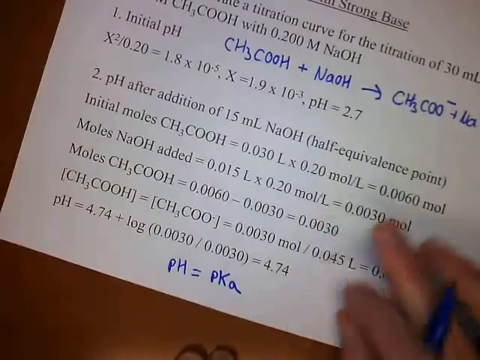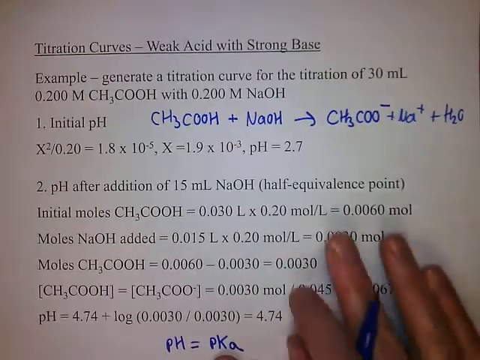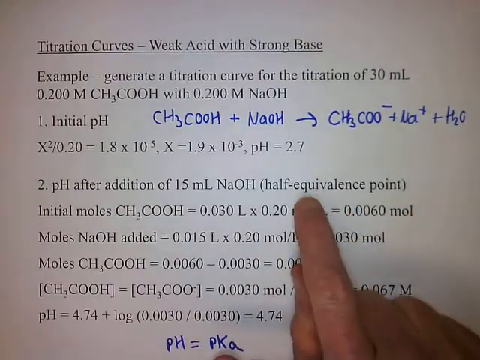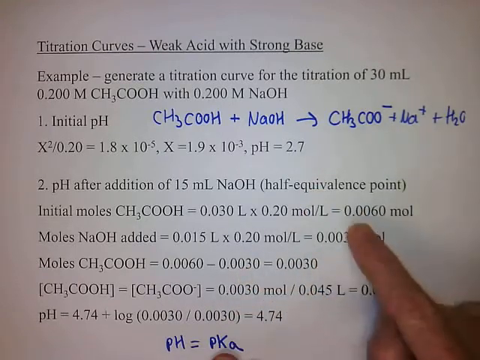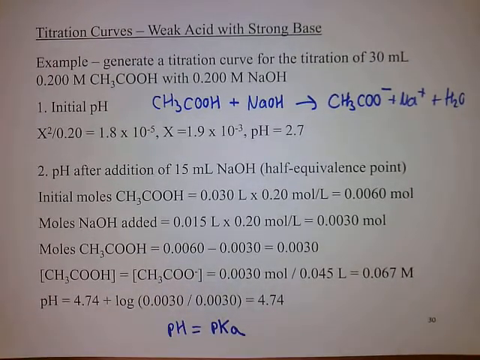So if you recognize this, and I wanted to work it out to show you why this is, but if you recognize at the start that this is the half equivalence point, you don't even need to do all this. pH is pKa. Just take the negative log of the acid dissociation constant. Okay, at the half equivalence point, the two are the same.